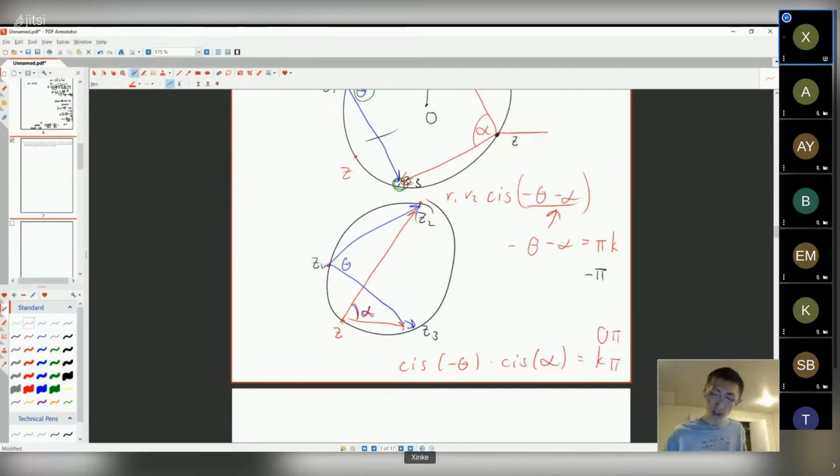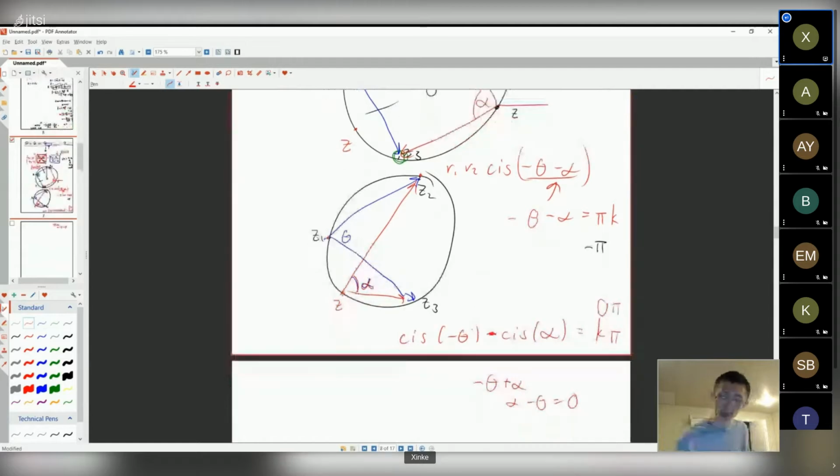When you multiply these, you just add the angles and you'll get that alpha minus theta equals 0 radians. So alpha equals theta, and that's a sufficient condition for this to be concyclic. You can prove that if the two angles here are equal, then the 4 points are concyclic.